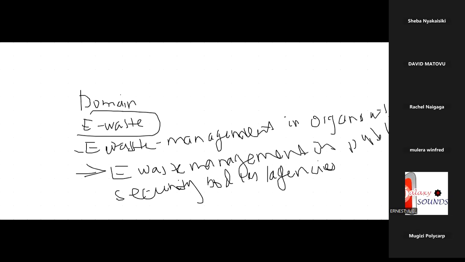In e-waste management, she would get the domains that need to be talked about, or rather in this section, the domains. Maybe the domains would be in terms of design and selection, in implementation, in maintenance, and so on and so forth.